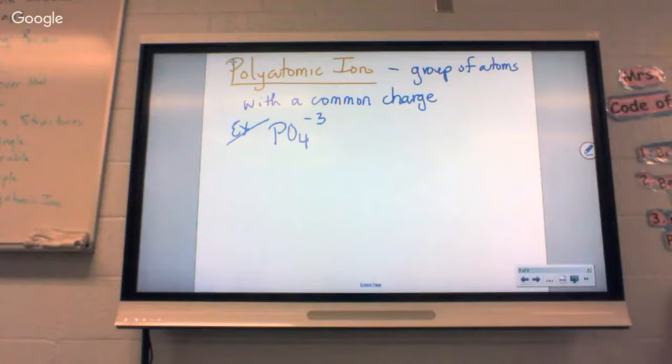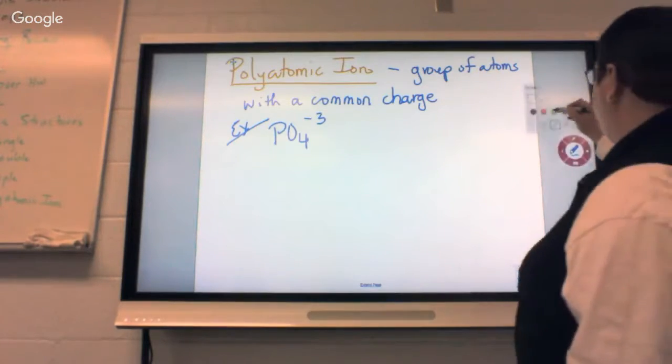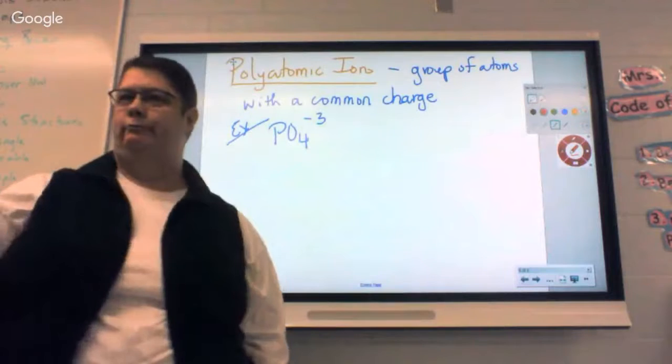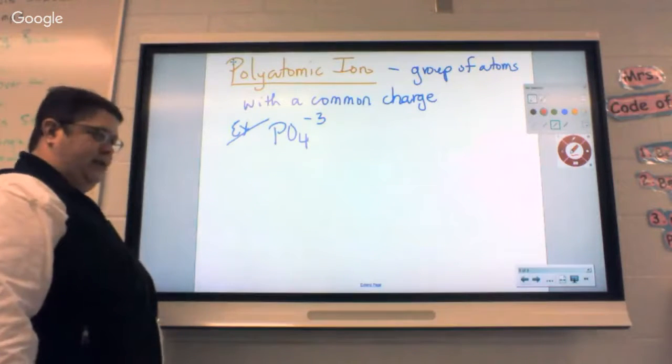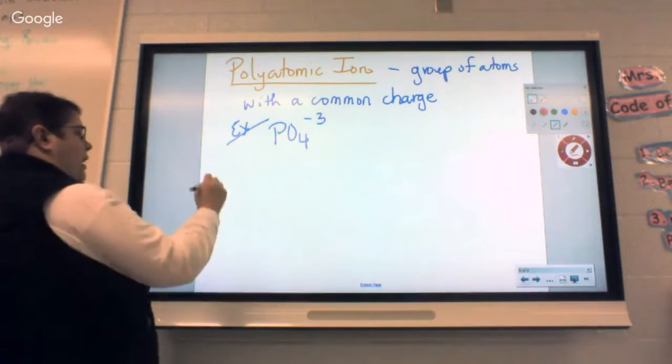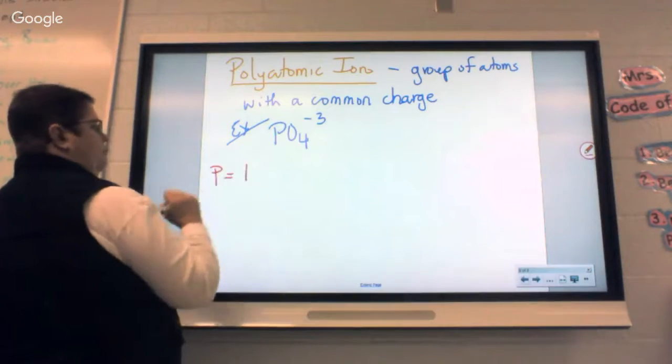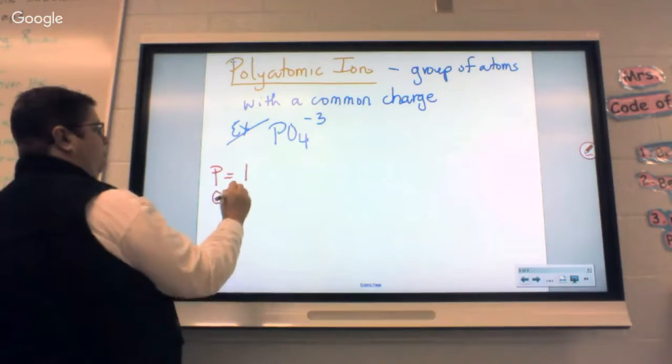Now, drawing a Lewis structure for it doesn't work any different. The only thing that's different is step 1, adding up the electrons, because of the -3. So, how many P's do we have? How many O's do we have?